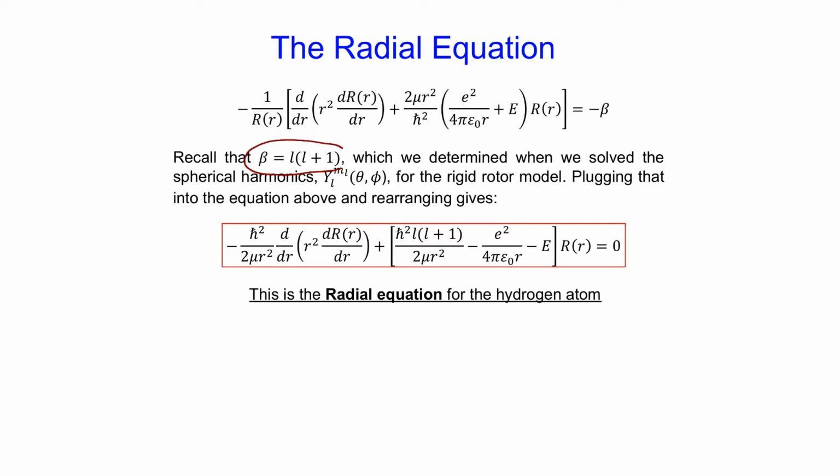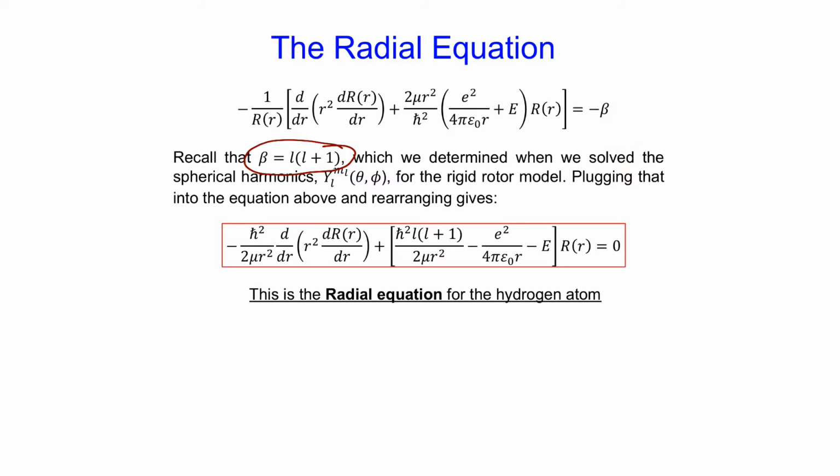If you go back and look through your notes, you'll see that we've already determined that beta is equal to L times L plus 1, where L is our angular momentum quantum number that we've been using for the past couple of weeks. So all we're going to do is sub that value for beta into our equation.